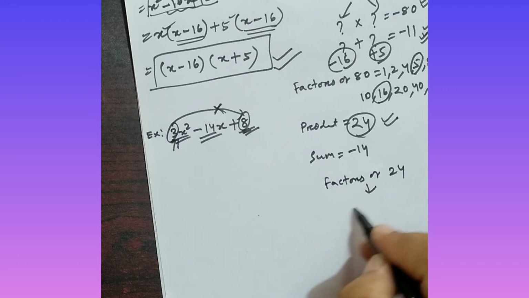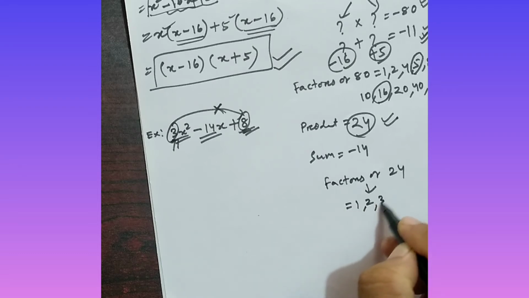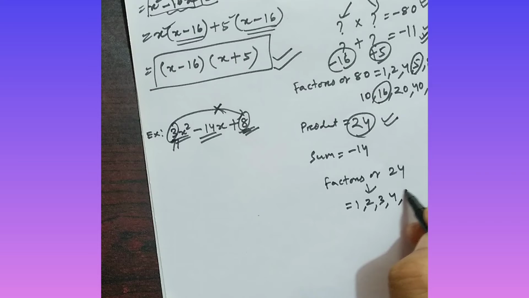Factors of 24, you know it better: 1, 2, 3, 4, then 6, I forgot that one, so you have to write it here after 4. Then 8, then 12, then 24.